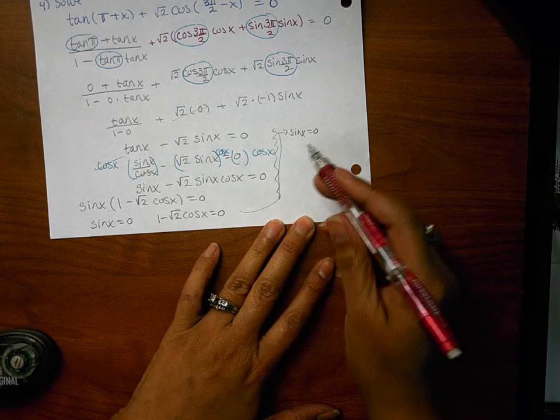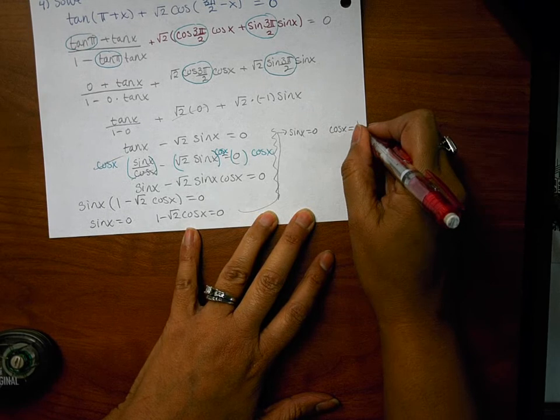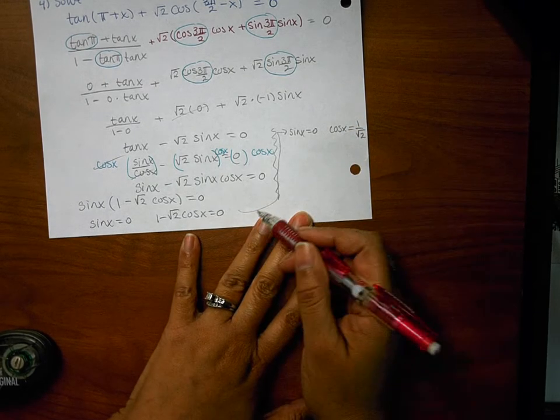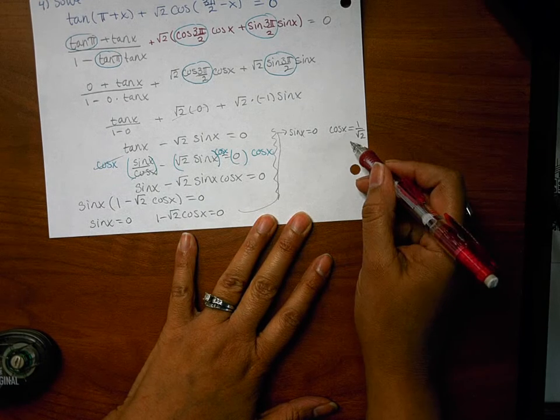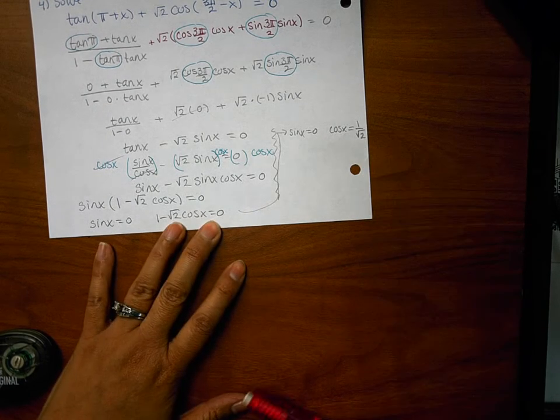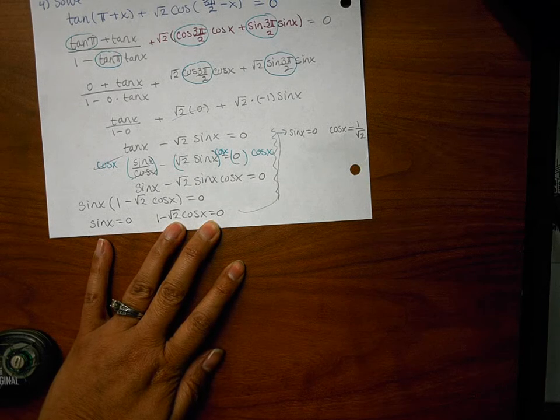There's 2 places where that happens. This one you're going to subtract the 1 and then divide by negative root 2. So you get cosine x equals positive 1 over root 2, because when you subtract it's negative, when you divide it's negative, they undo each other. 2 answers, a total of 4 answers. We'll check it together in class. That is it for this lesson.